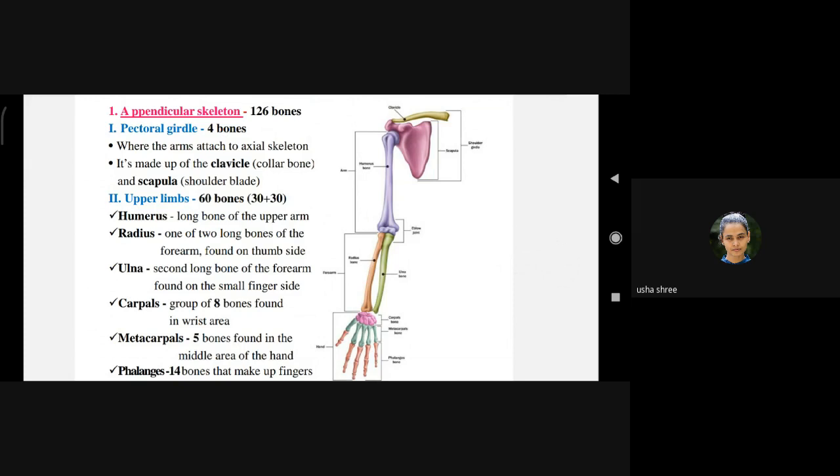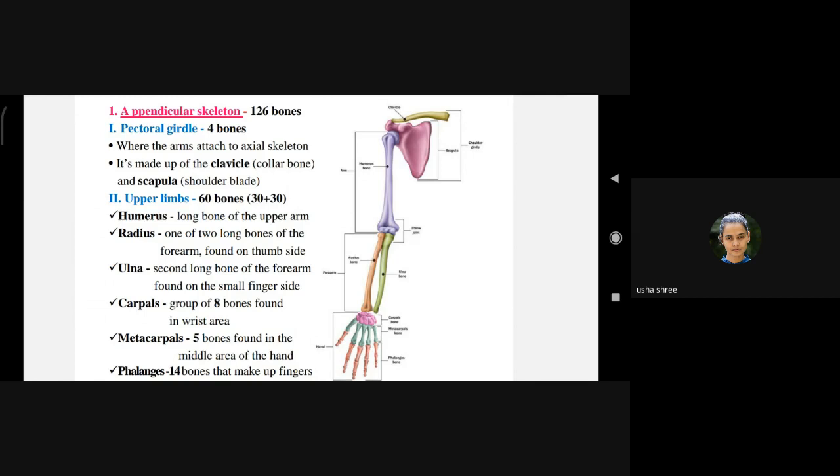Next is the radius bone. The radius is found on the lower arm and is the thumb side bone. If you check on your hand, the radius is located on the side of your thumb. And next one is the ulna. The ulna is located at the side of your little finger.